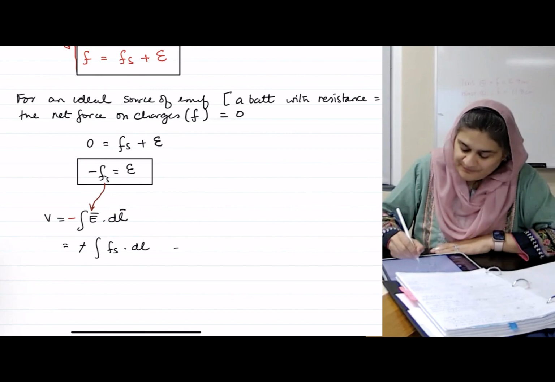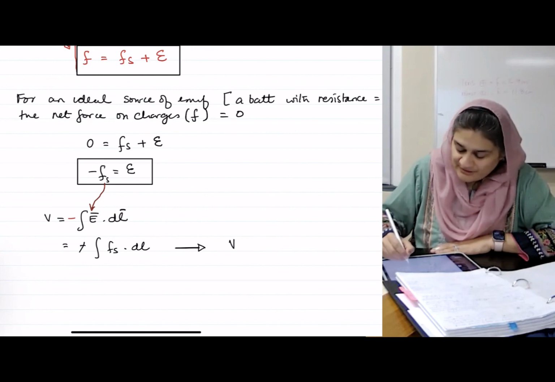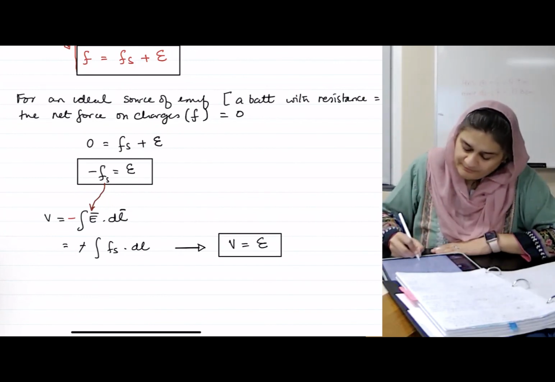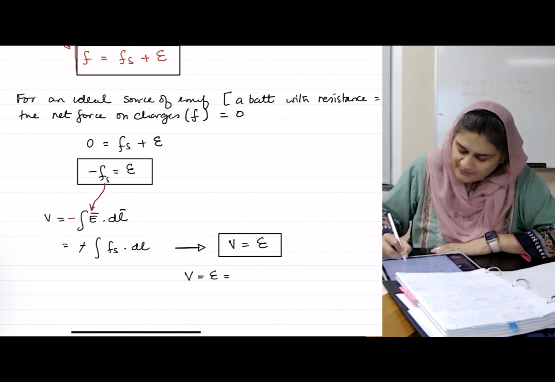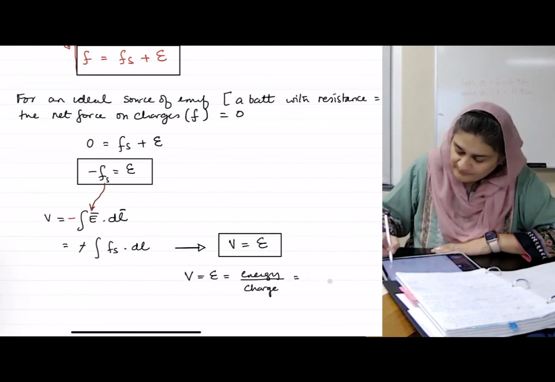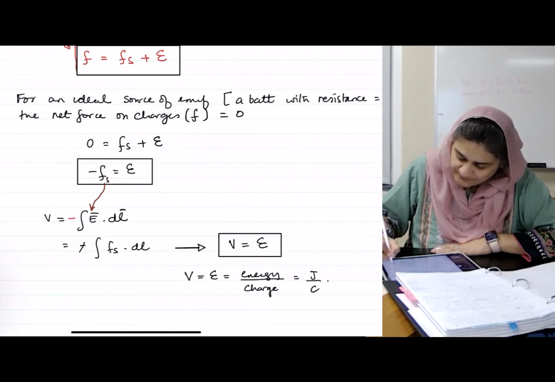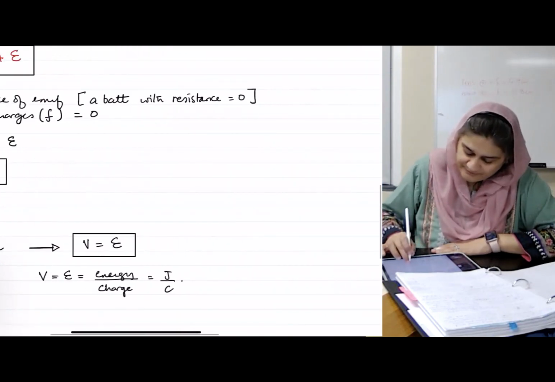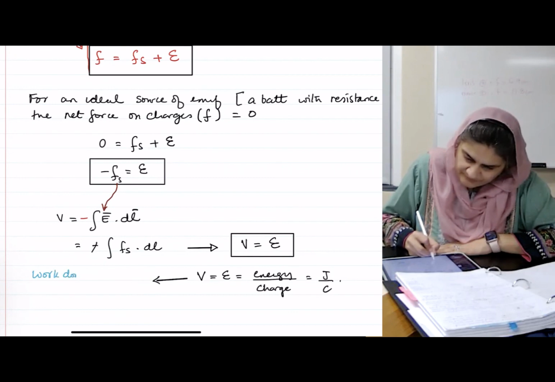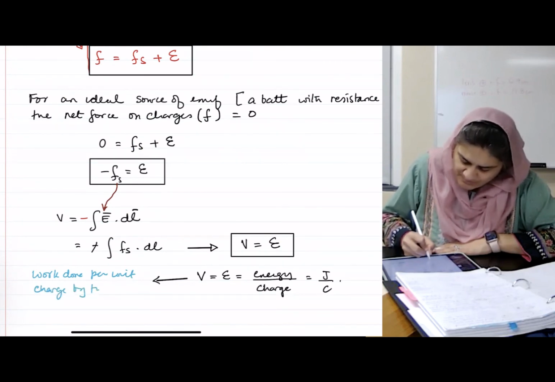And in most cases, we write that simply as V equals E. Or V equals E equals energy per charge, or energy, joule per coulomb, or in fact, work done per unit charge by the source.